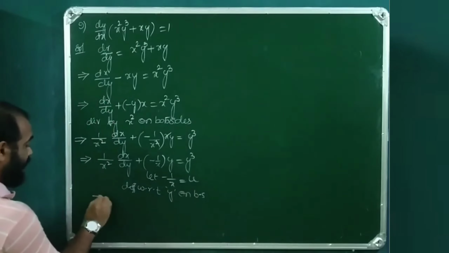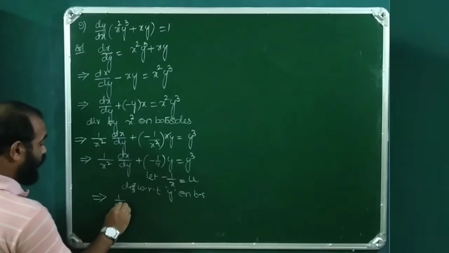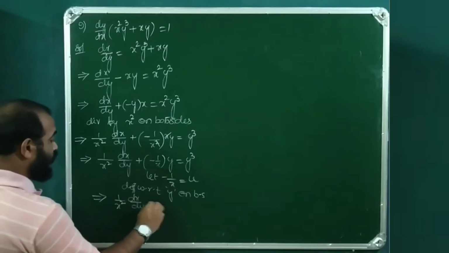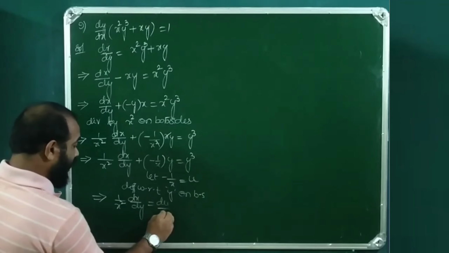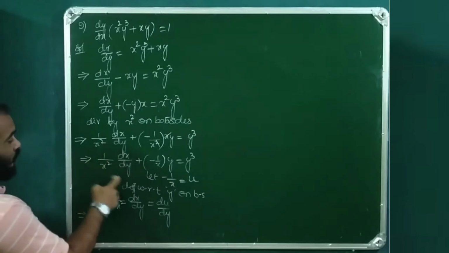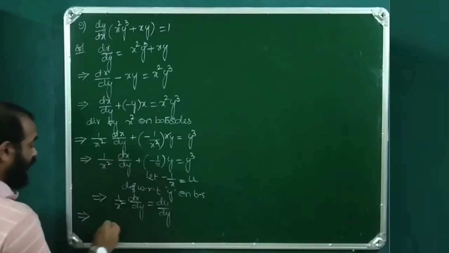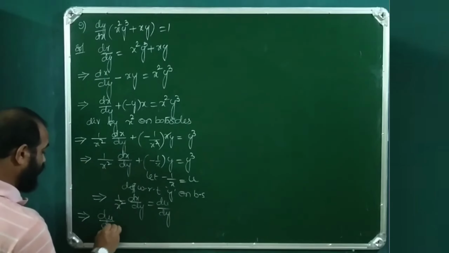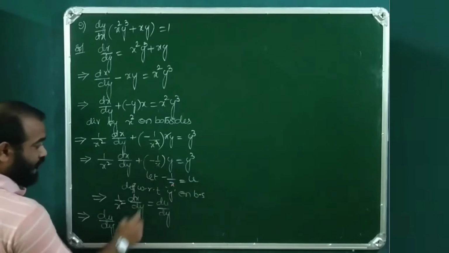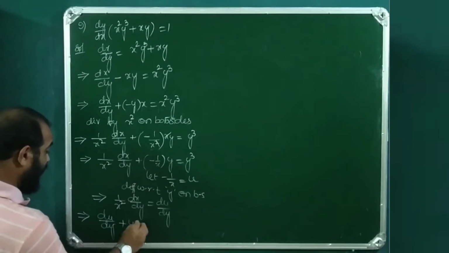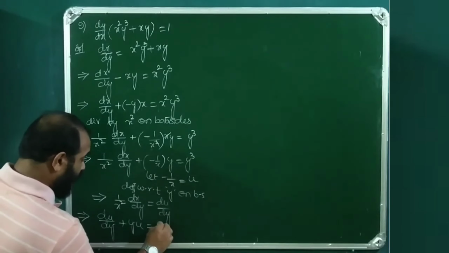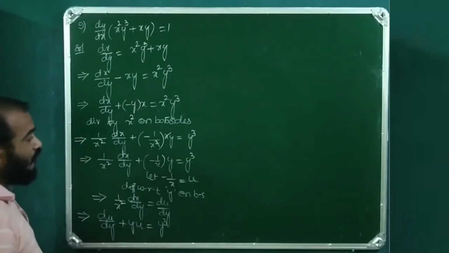So this is (1/x^2) dx/dy = du/dy. Now (1/x^2) dx/dy becomes du/dy, plus this -1/x is u, this is y. So this is du/dy + yu = y^3.